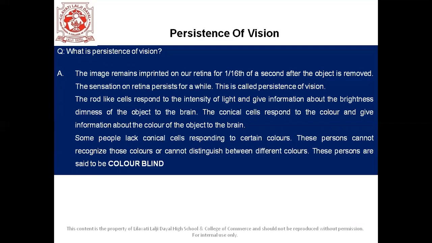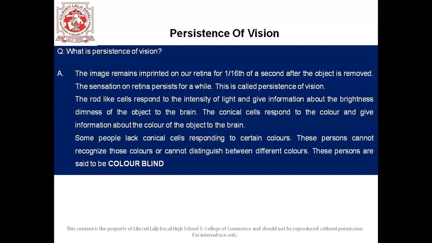The image that is imprinted on the retina after the object is removed is called the persistence of vision. The rod-like cells respond to the intensity of light and give information about the brightness or dimness of the object to the brain.